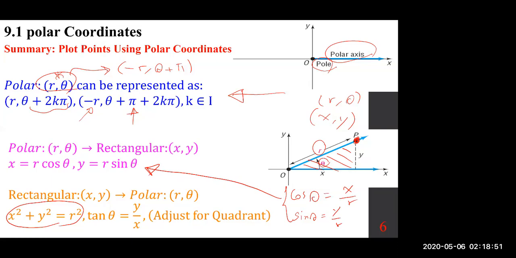And theta, you can use tangent to find it and pay attention to the quadrant for the proper answer. x is r cosine theta, y is r sine theta. All right, let's get this started, see how it goes.